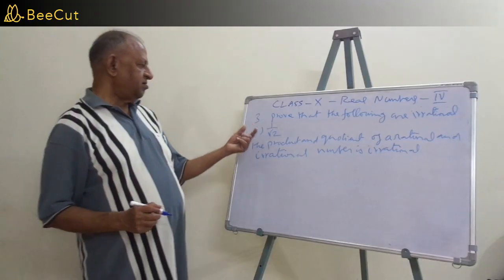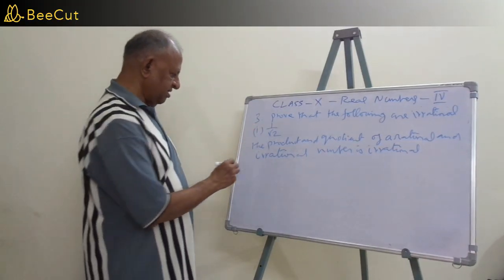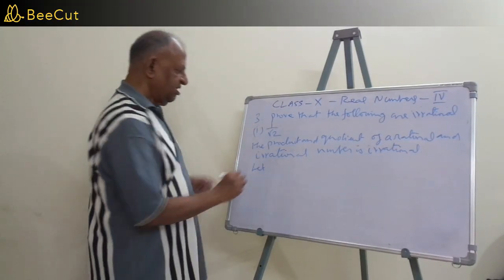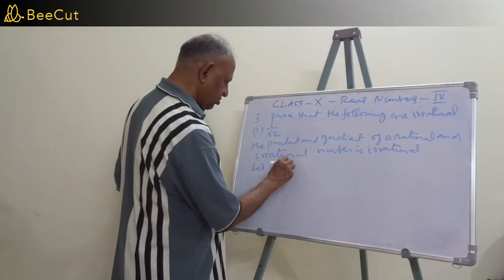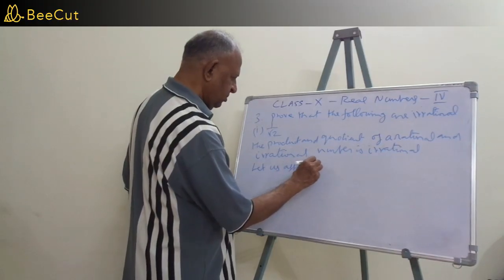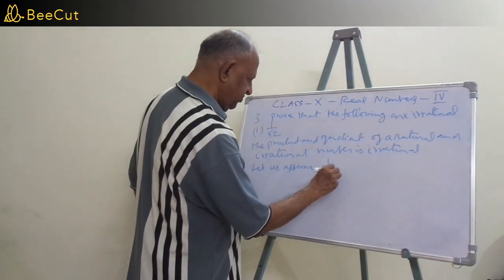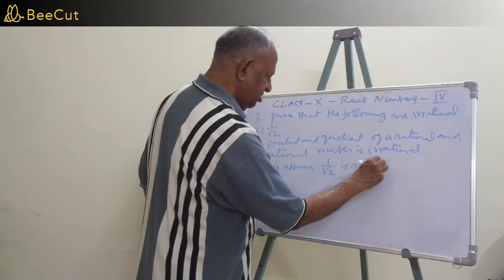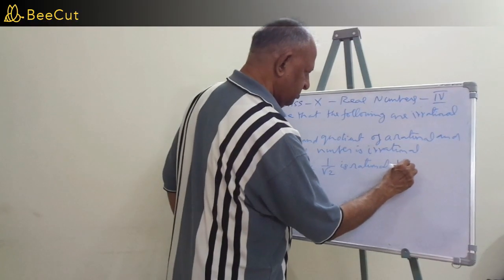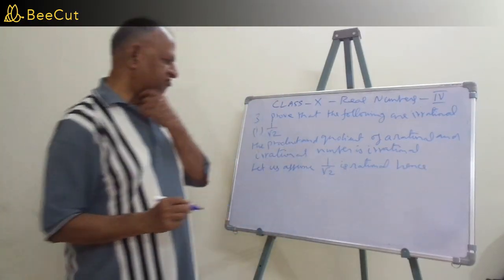We have to prove that 1 by root 2 is irrational. Let us assume 1 by root 2 is rational. Hence we can represent it in the form of a by b.